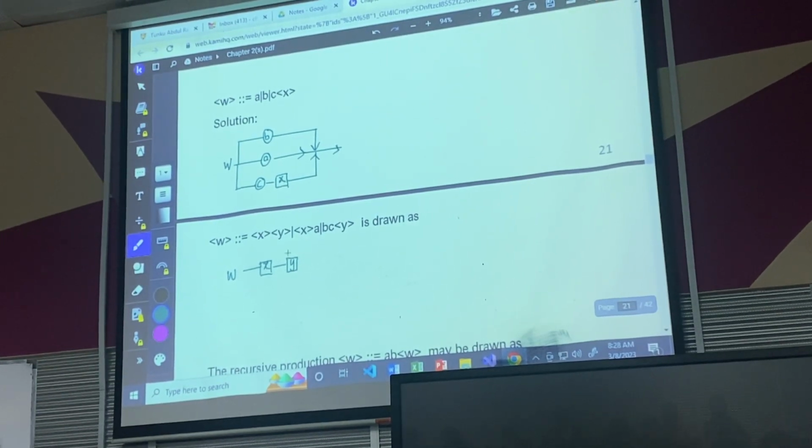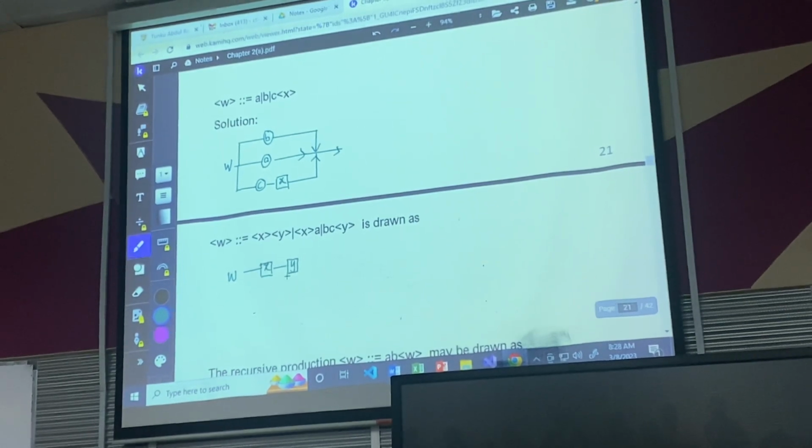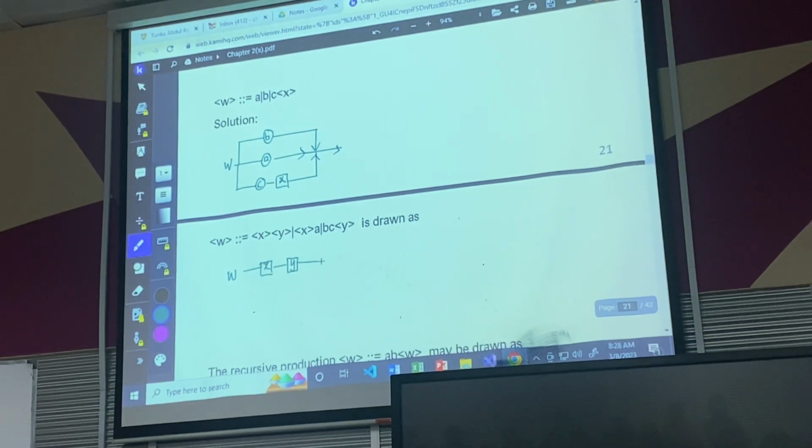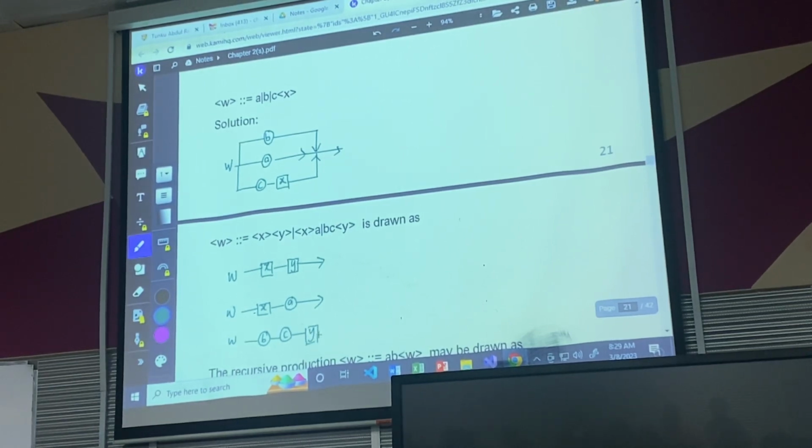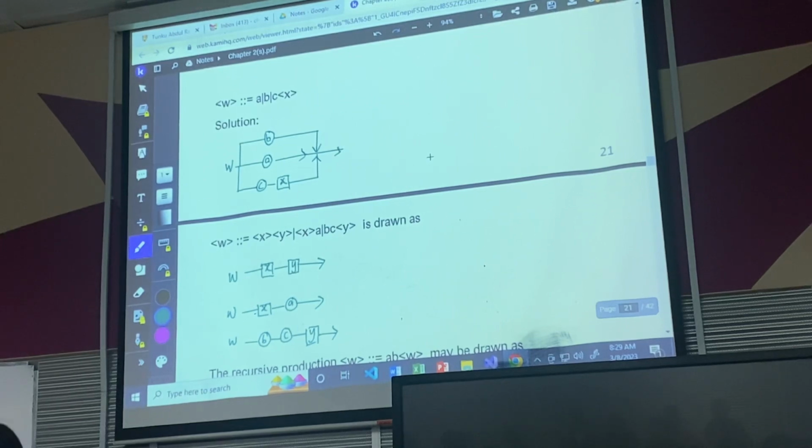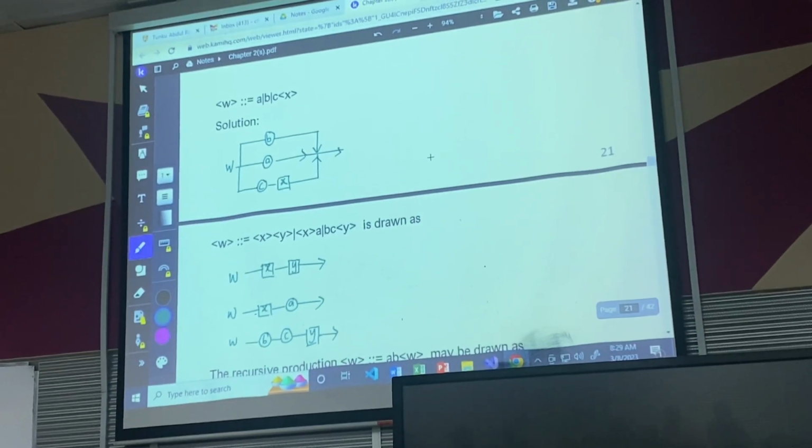So you draw it in a square box like this, X. So now I separate into 3 different diagrams. This is the example I draw with 3 different diagrams.